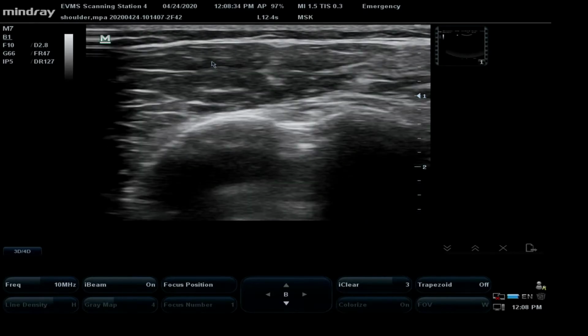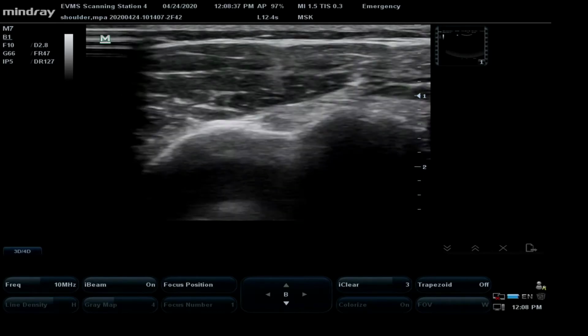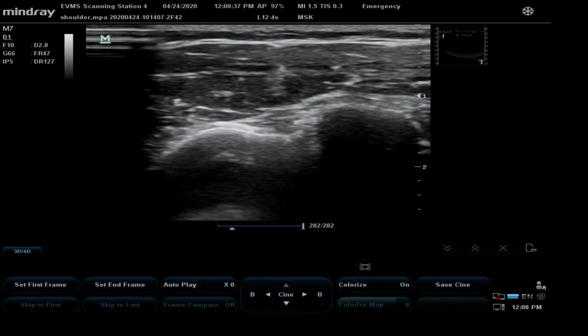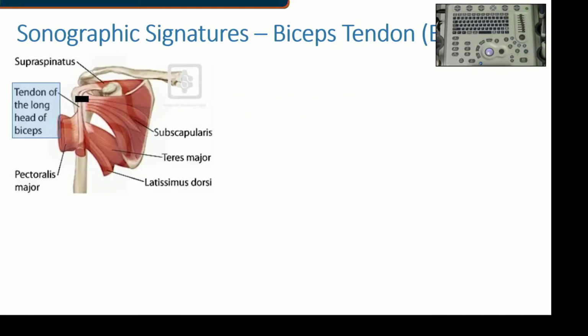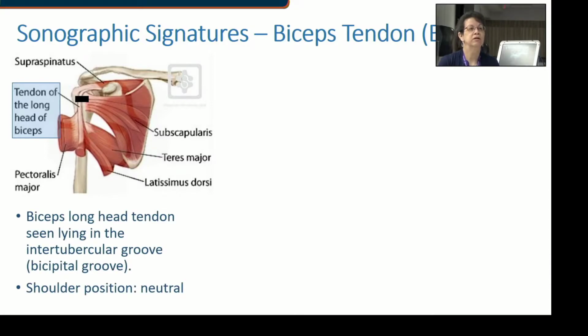All right, let's take a look at our biceps tendon. We can go back to our slide. So if we take a look at where the biceps tendon is, let's remember that it runs along the bicipital groove, and it will attach to the labrum of the glenohumeral, or the glenoid fossa, right?